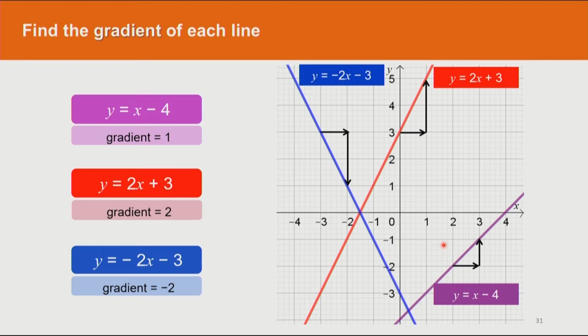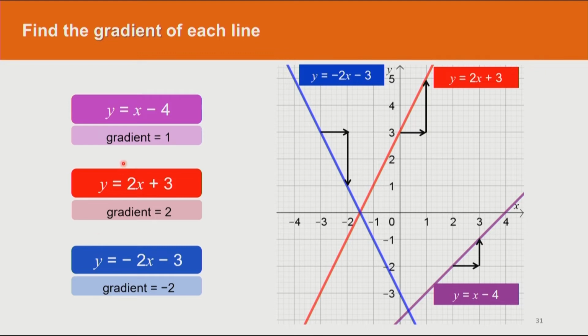But still, you could find the gradient of these lines without doing that. Just by looking at the equation, we have the knowledge that the gradient of a line is the coefficient of x. That is the number in front of x. But please, before you check that number of x, you must make sure that y is the subject of the formula before you check the value of m.